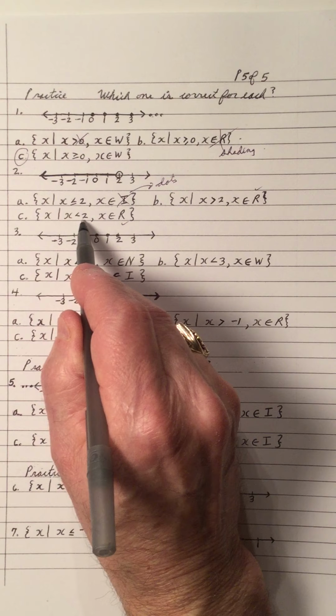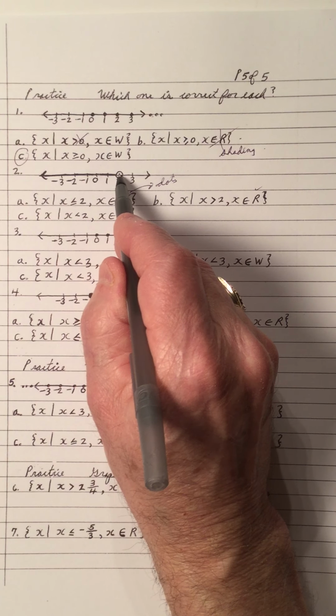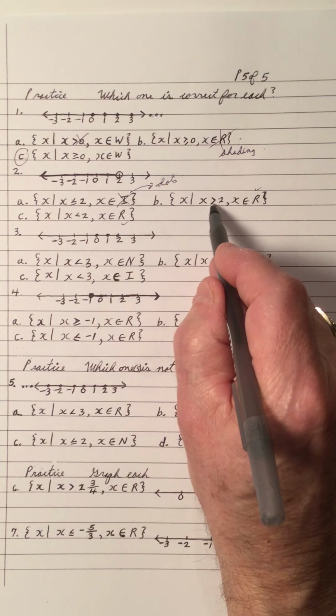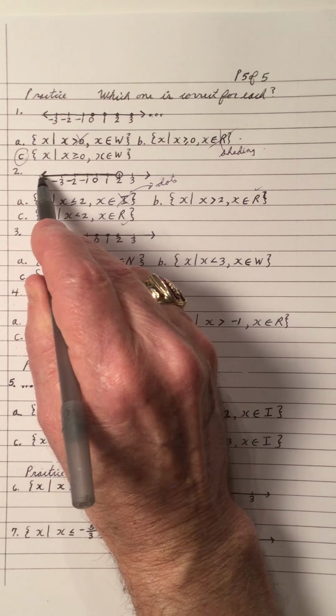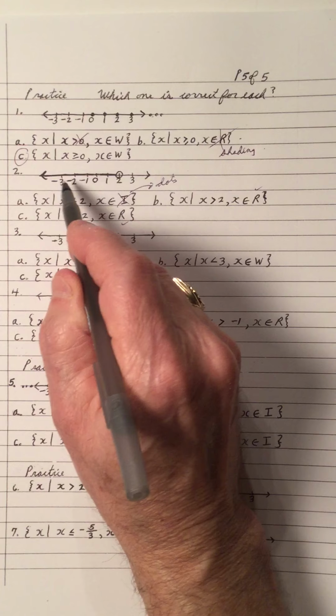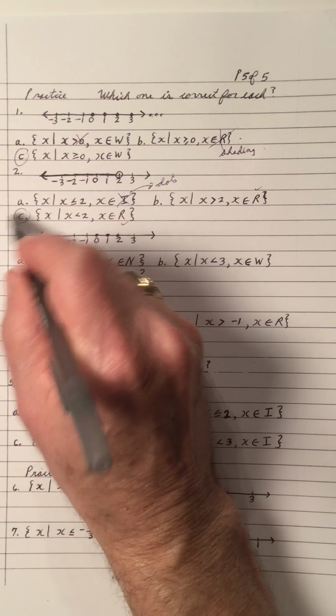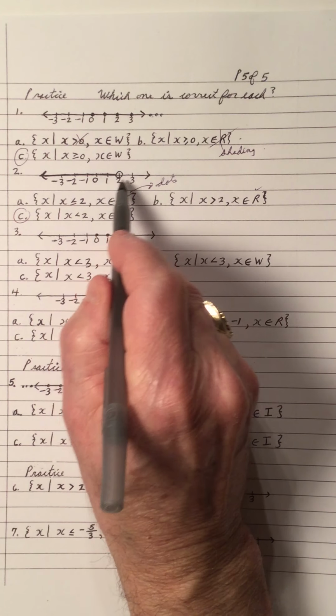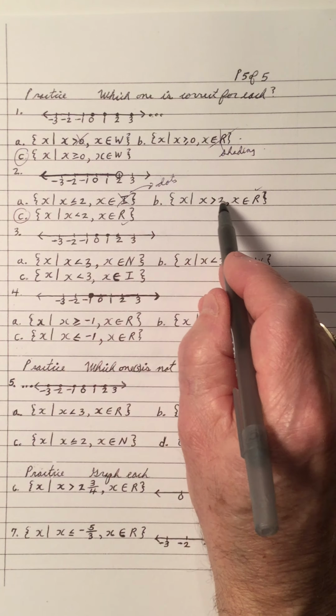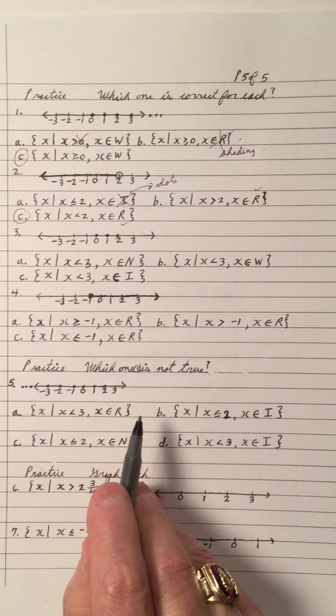Right here, I have x less than 2. Notice there's a hollow dot. A hollow dot means there's no equal sign. Well, that's true for both of these. But because that's pointing to the left, the arrow has to go to the left, so the answer is C. If I had this one, I would be shading on this side because it's pointing to the right, greater than.